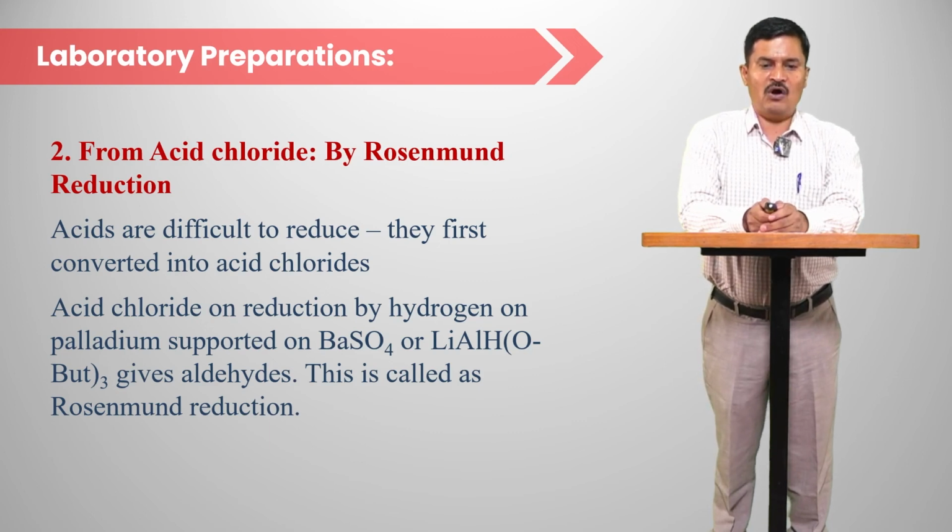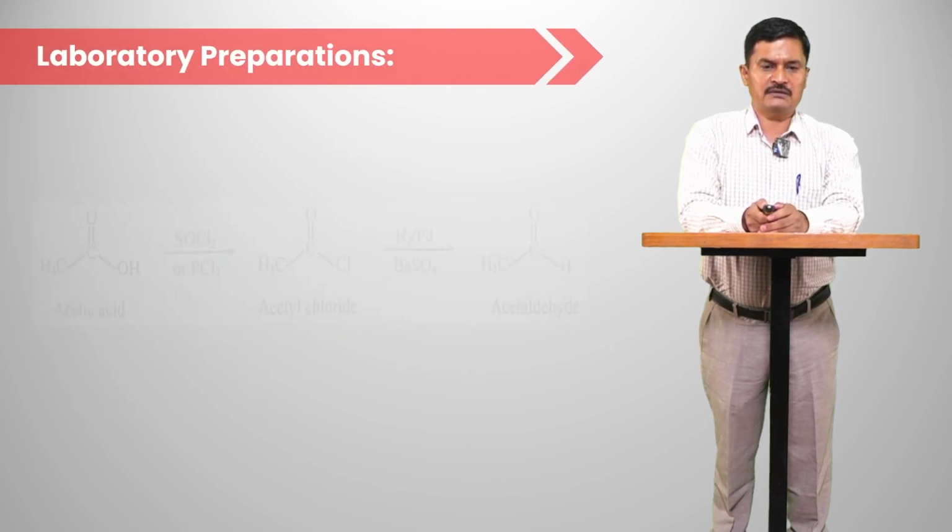Acid chlorides on reduction with hydrogen in the presence of barium sulfate, or with a strong reducing agent such as lithium aluminum hydride, react and convert into the corresponding aldehyde. So the reaction stops at the aldehyde stage.